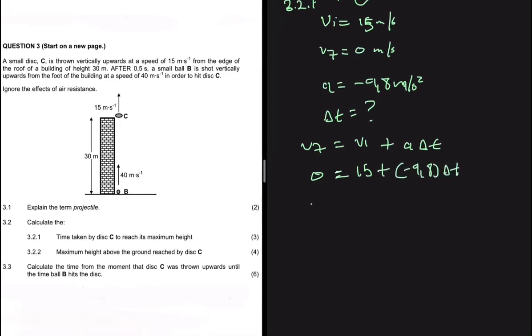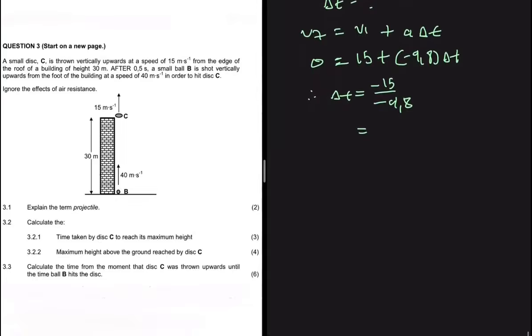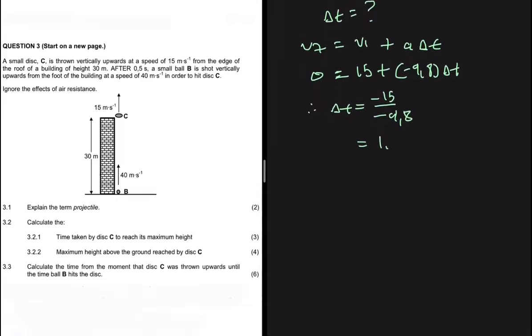So it's easy to see now that delta t is going to be equal to minus 15 divided by minus 9.8, right? We just took 15 to the left hand side and then divided both sides by the coefficient of delta t. So if you put that in your calculator, you should get 1.53 seconds, right? So that is the time it takes disk C to reach maximum height.